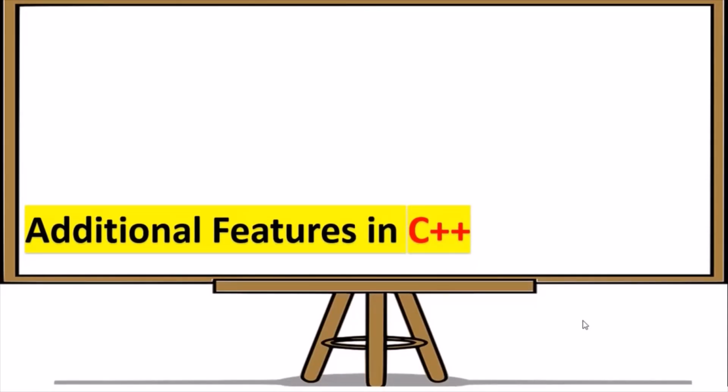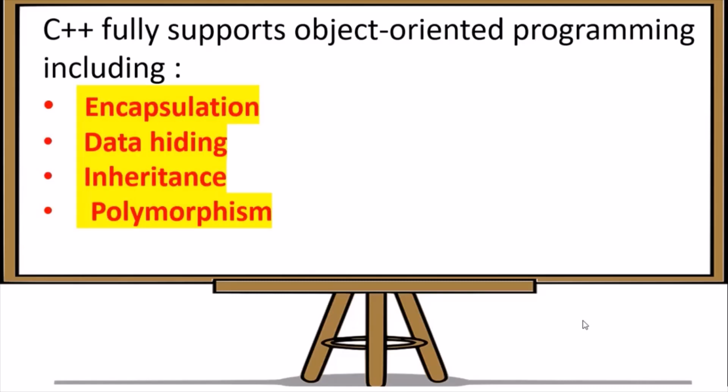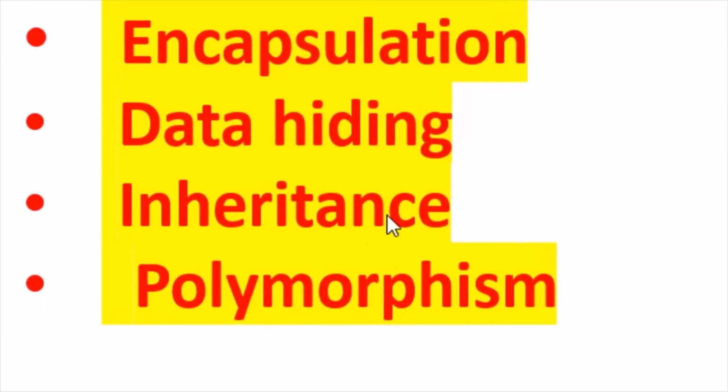Now the question arises: if all these features are present in C, then why do C++? Because C++ supports object-oriented programming, which includes encapsulation, data hiding, inheritance, and polymorphism. These are the four concepts which were not present in the C programming language, because C is a procedural oriented language, whereas C++ is an object oriented programming language.